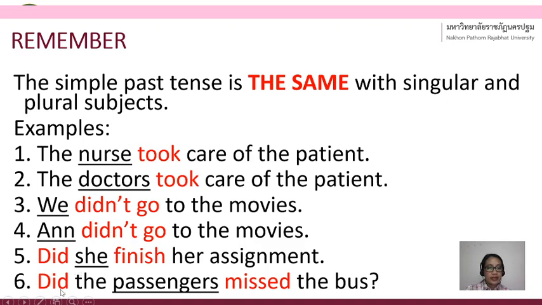Did is the question form. Passengers is a plural subject, and miss is the base form of the verb. And there is a question mark. So number 5 and number 6 are the same. It should end with a question mark here.